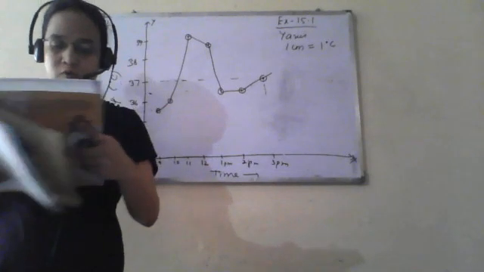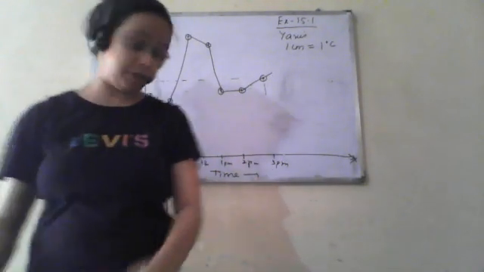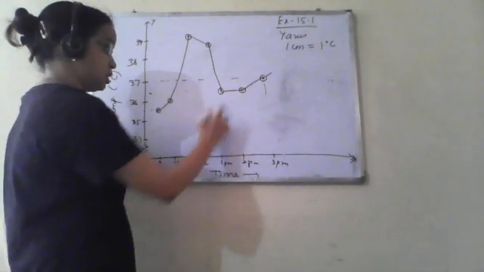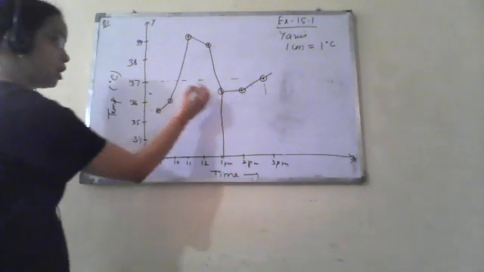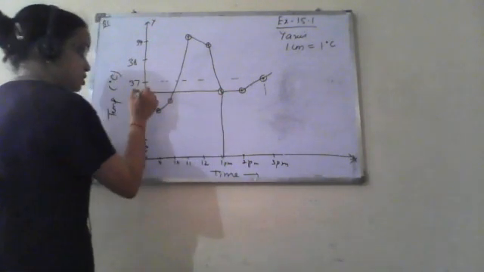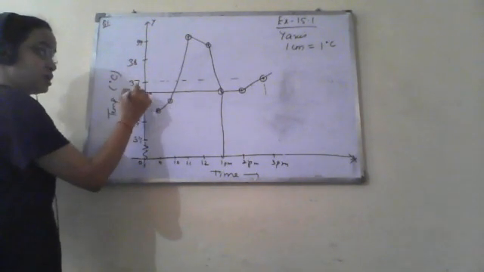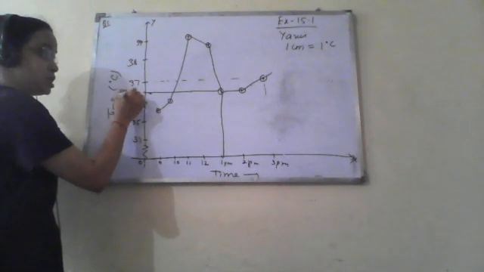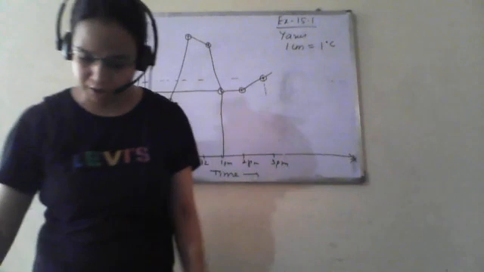Now the first part is, what was the patient's temperature at 1 p.m.? Here we have 1 p.m. Corresponding to this we can find the value on the y-axis. The value is between 36 and 37, it will be 36.5. So the temperature at 1 p.m. will be 36.5.